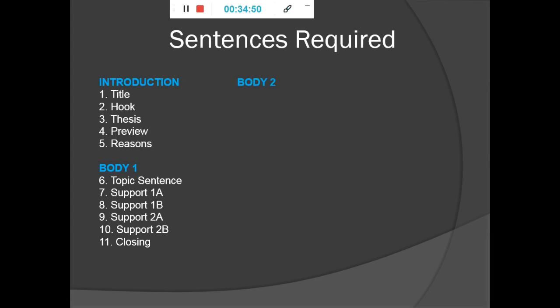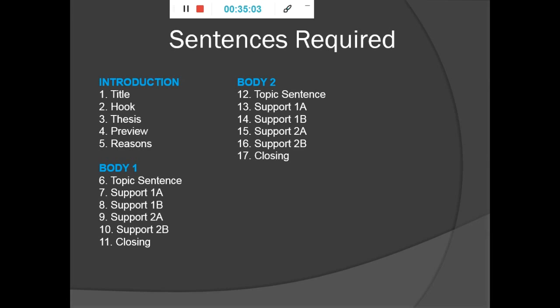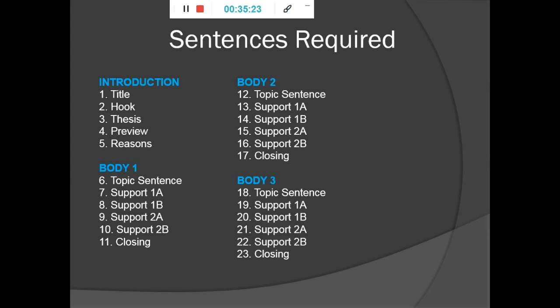Body 2, we need topic sentence, support 1A, support 1B, support 2A, support 2B, and closing. Body 3, oops, I went too fast. We need a topic sentence, support 1A, support 1B, support 2A, support 2B, and a closing.